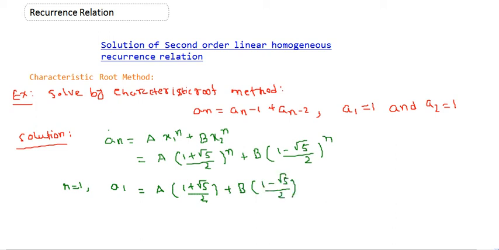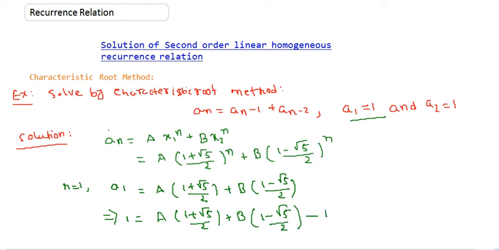Now put the value of a1, which is 1 here, so we have 1 equals a into (1 plus root 5) by 2 plus b into (1 minus root 5) by 2. So we get one equation. If I put n equals 2, we get another equation.